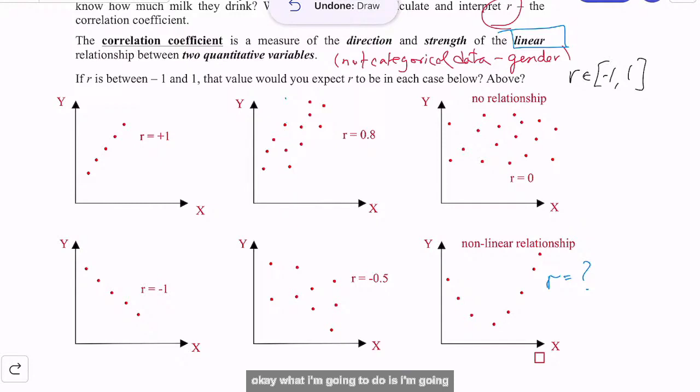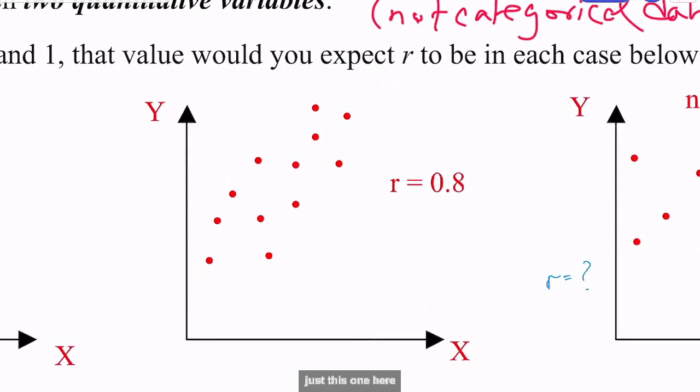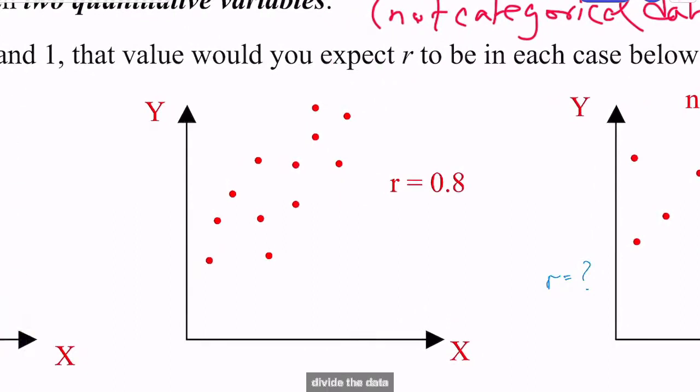Okay, what I'm going to do is show you how to interpret R by taking just this one here. What we're going to do is divide the data over its range. So the range of X is between here and here. So the mean is somewhere about here.